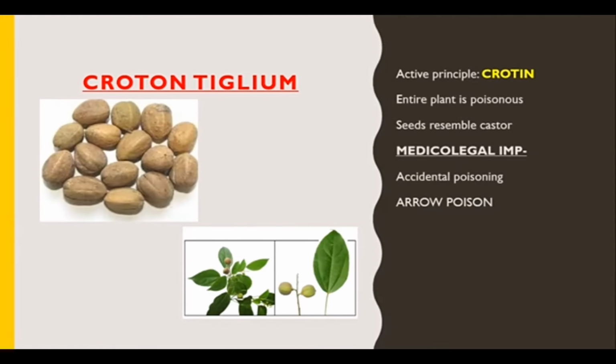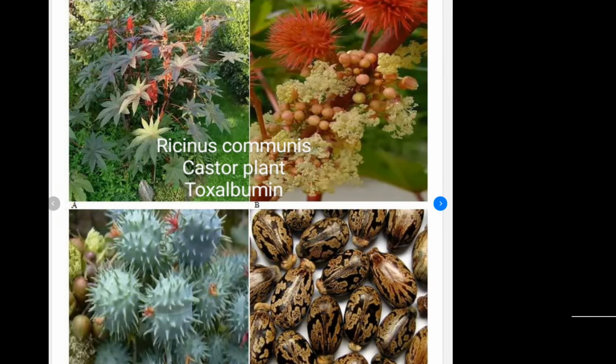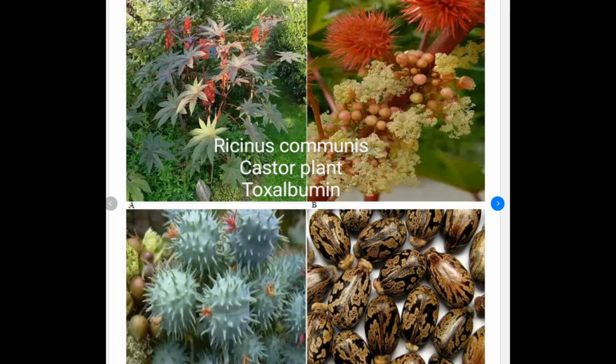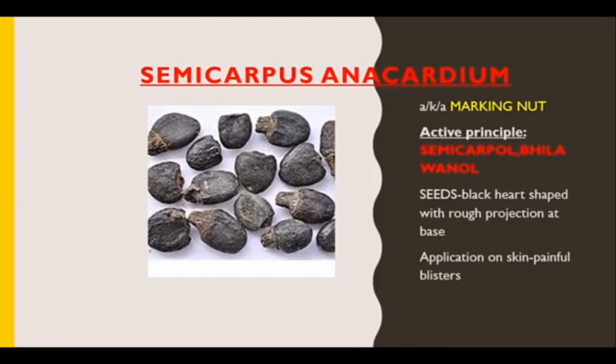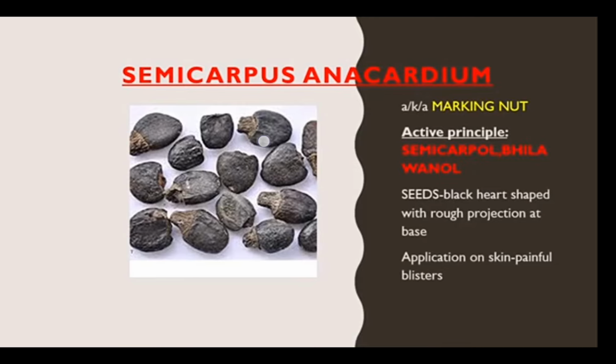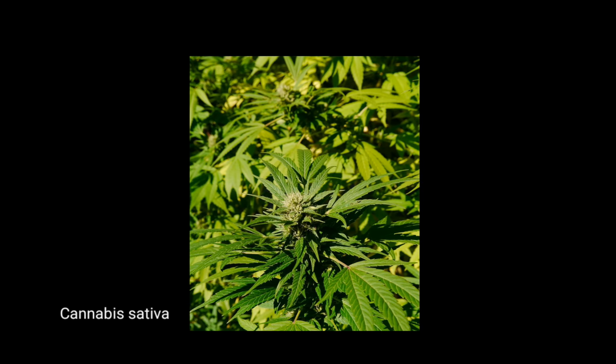Brownish were in croton, like groundnut, and in ricinus. Now blackish seeds are in Semecarpus anacardium. Remember the name semi black: this is black with some light rough projection, and it produces painful blisters.